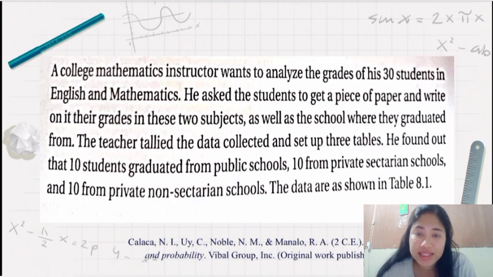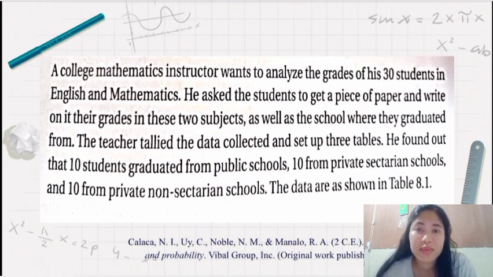The teacher tallied the data collected and set up 3 tables. He found out that 10 students graduated from public schools, 10 from private sectarian schools, and 10 from private non-sectarian schools. The data are shown in Table 8.8.